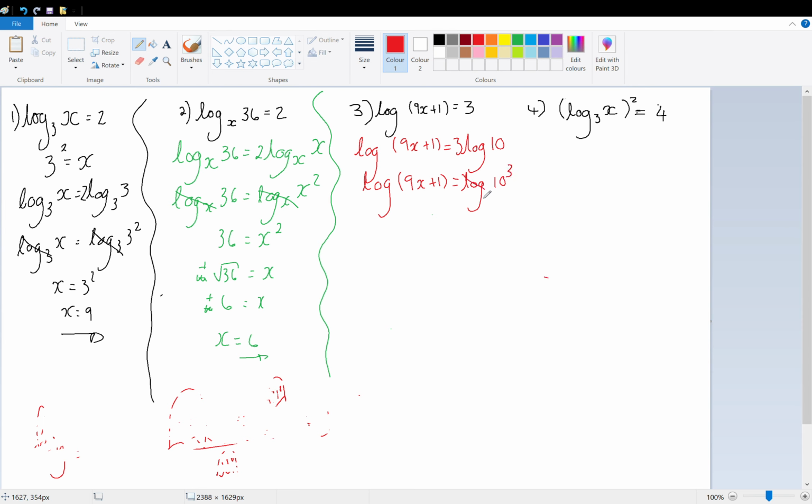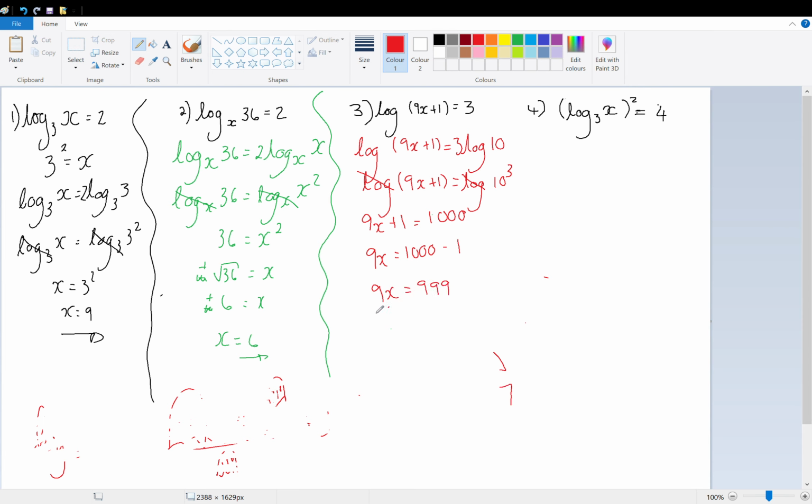Now I can drop my logs. So 9x plus 1 equals 1000. So 9x therefore equals 1000 minus 1. The plus 1 goes over, it changes its sign, and I subtract it. So 9x equals 999. Oh, this is lovely.